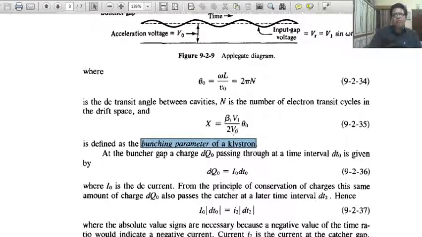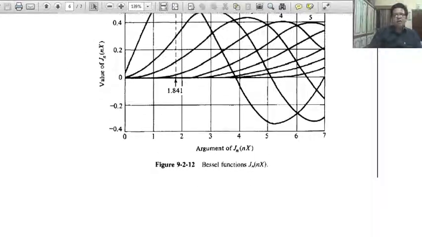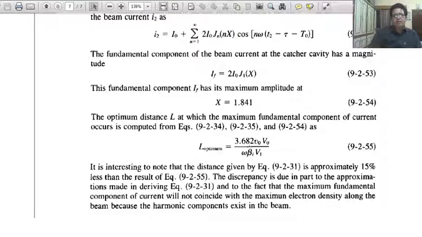Beta I V1 upon twice V0 theta 0 is known as the bunching parameter of the klystron. Okay. So we calculate by using the concept that the fundamental component IF has its maximum amplitude at x equal to 1.8.